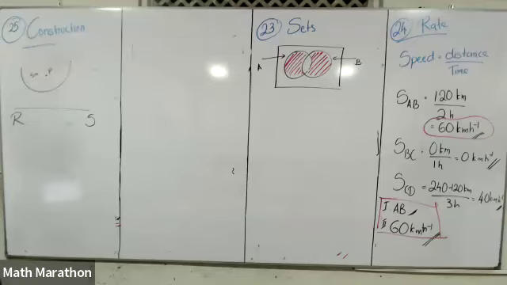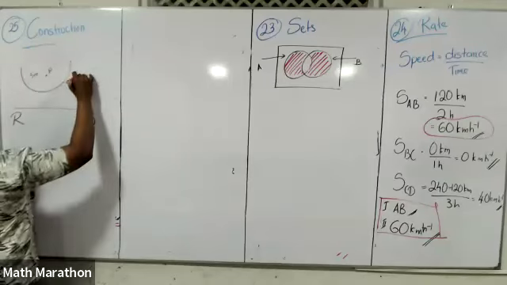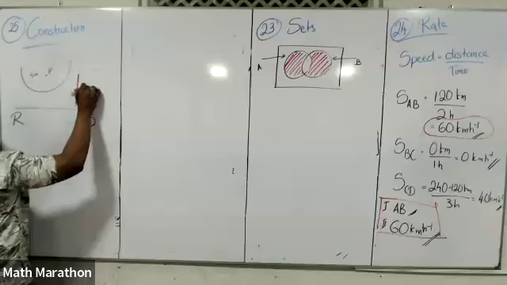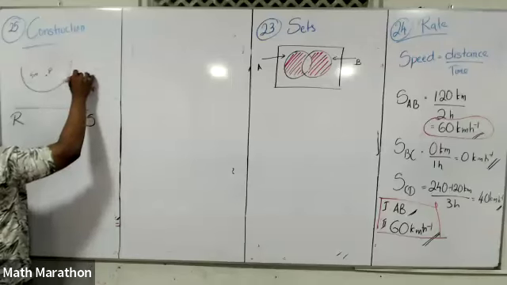A portion of the locus of a point that moves at a constant distance of 5 meters from the point P is indicated in the arc in the sketch. The straight line RS is at a distance of 7 meters from P. So the gap here is 7 meters.